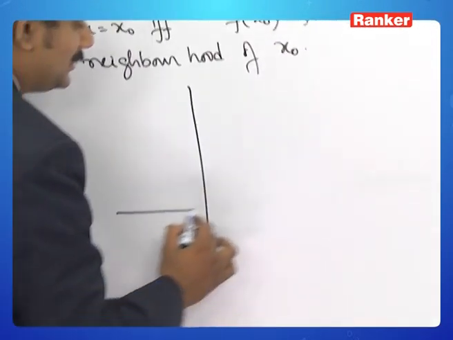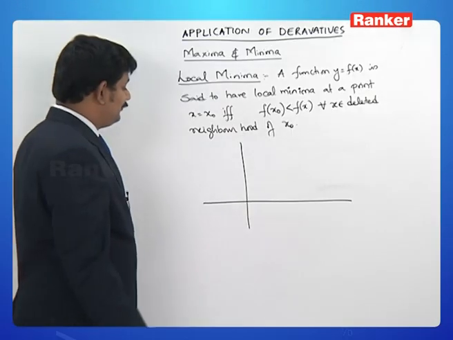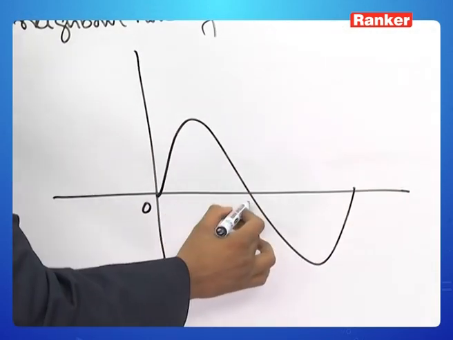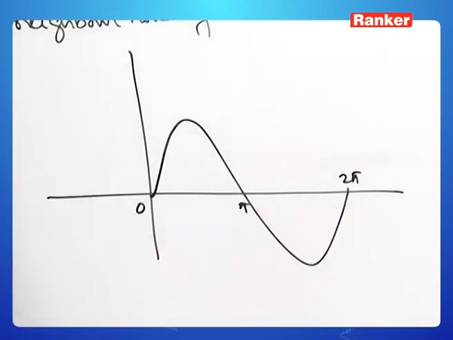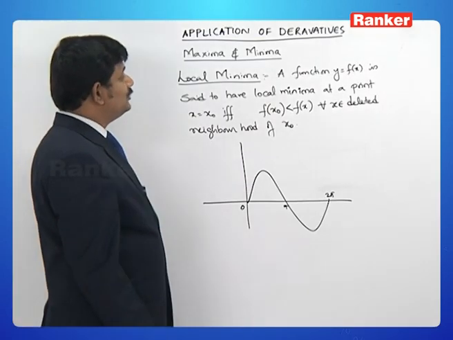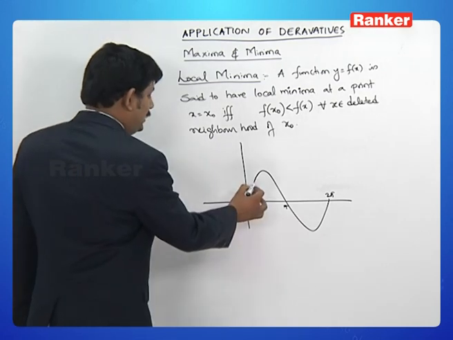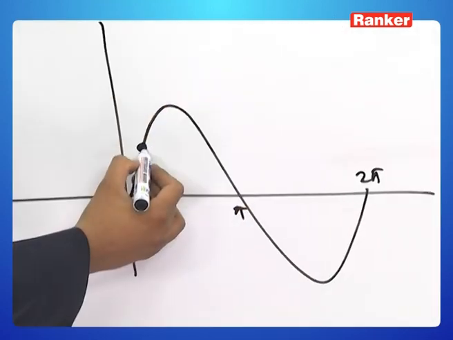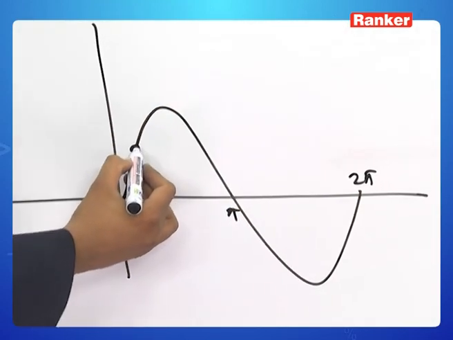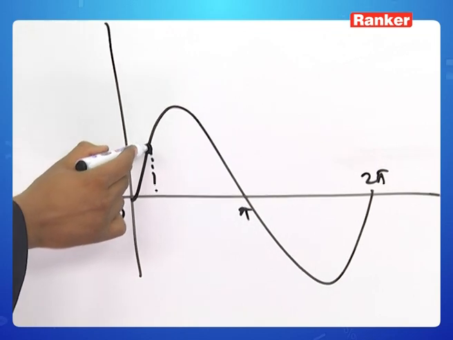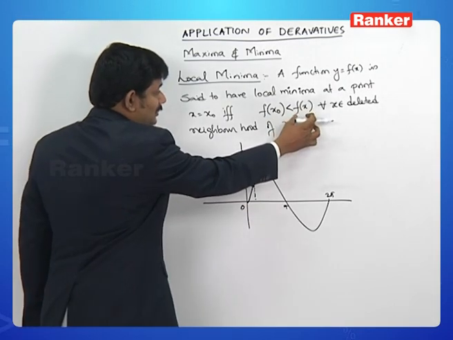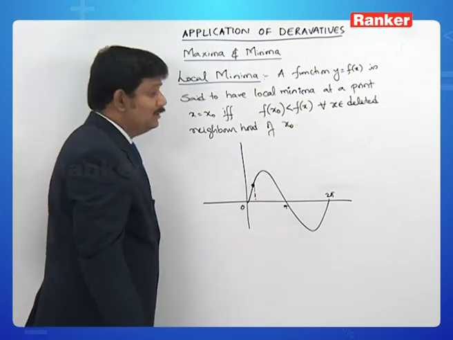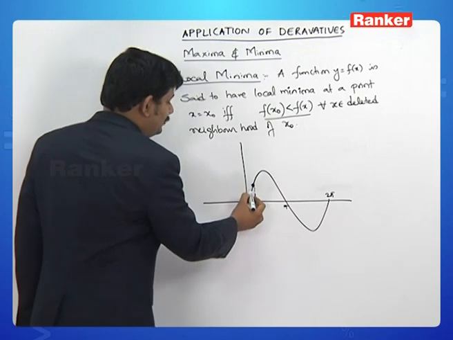Let us look at it by example of a graph. Let us look at the graph of y is equal to sin x from 0 to 2 pi: 0, pi, 2 pi. Now let us see if any point qualifies to be a local minima. Any point here: to the right of this point, the y coordinates, the functional values, are more than the y coordinate at this point, which is favorable for being a local minima.